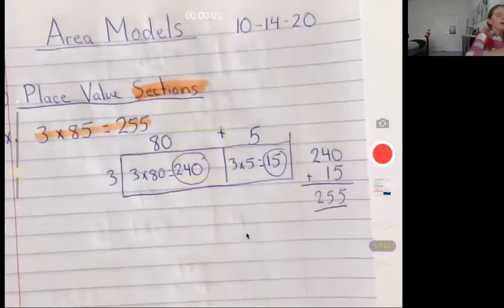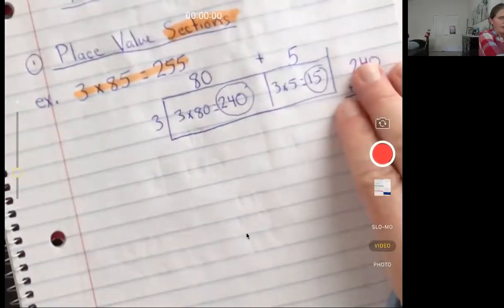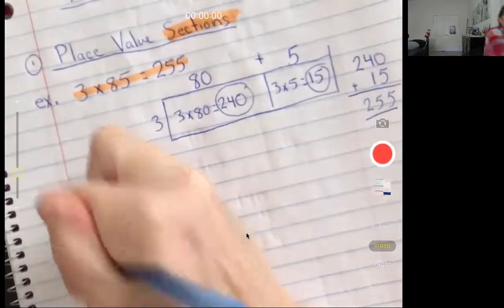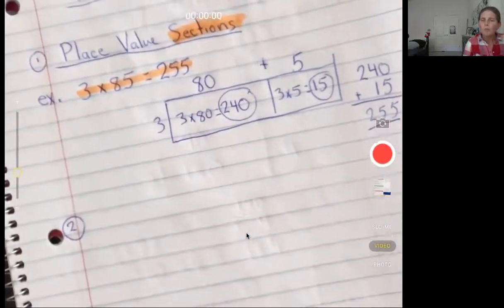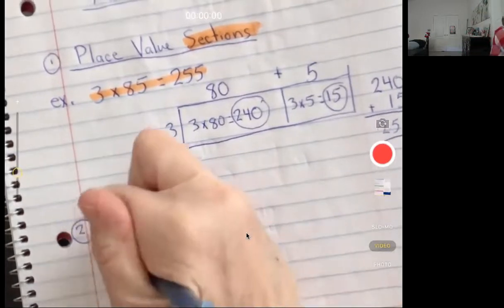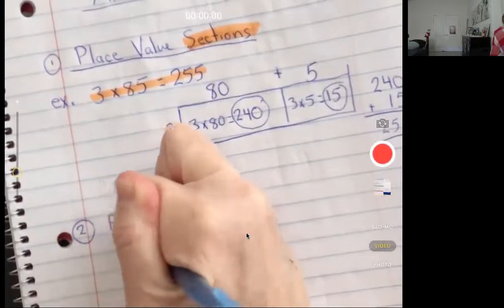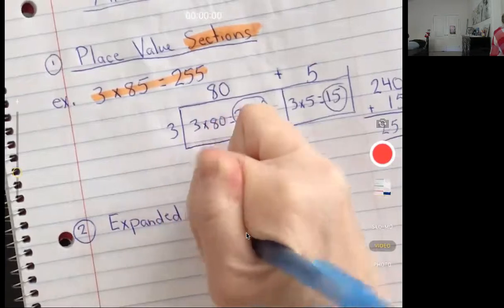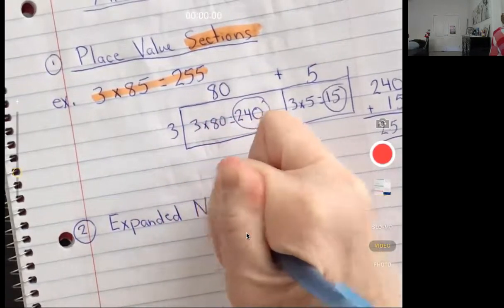So now we're going to do a second way. We're getting pretty good at this way, the place value sections. The second way is almost exactly the same. I hope that you will feel that too. And it is called expanded notation method.